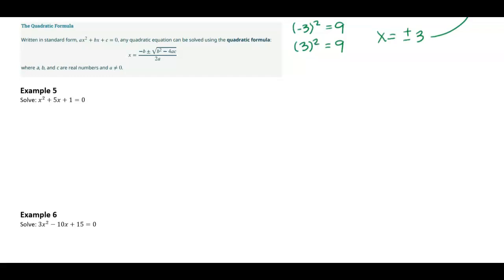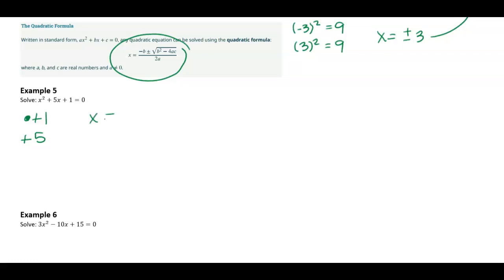For example, in number 5, if I needed to find two numbers that multiply to positive 1, but then add to 5, I would not be able to find two integers that do so. So our quadratic formula allows for us to solve for those zeros and find the two zeros that would be able to solve our quadratic equation.